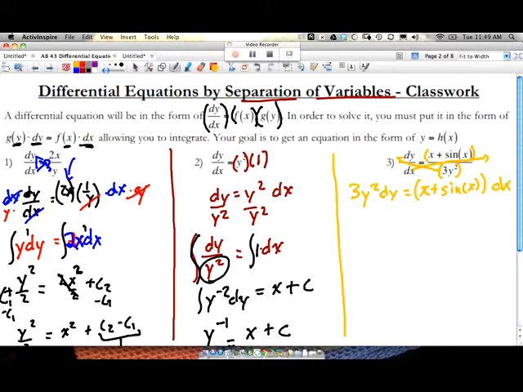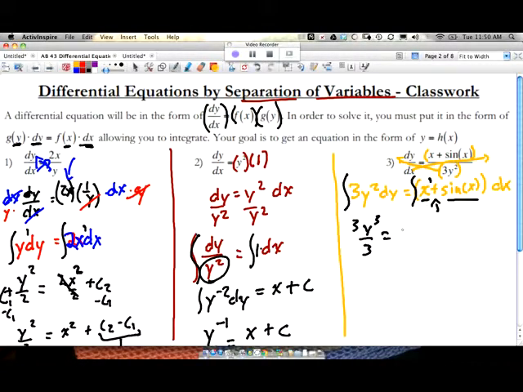Let's take the antiderivative here. So when I take the antiderivative of 3y squared, that's really 3y cubed over 3, which is really just y cubed. And on the other side, now I can do each of these separately because they're added in between. So if it's a sum or difference of two terms or multiple terms, we can really do the antiderivative separately.